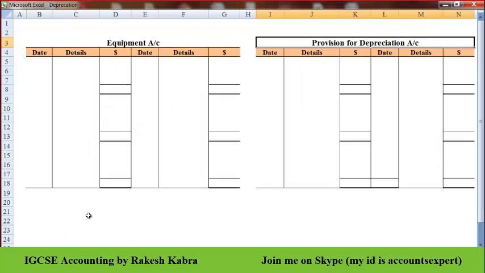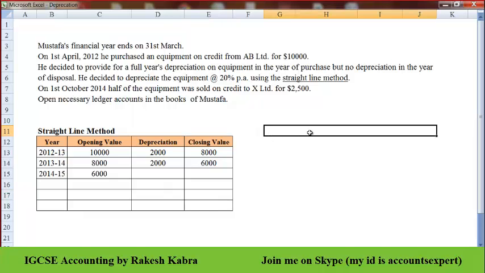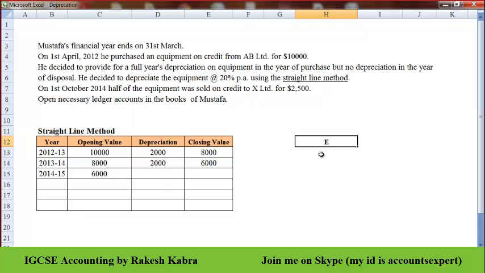Okay. So see, when did I buy the equipment? On 1st April 2012, isn't it? So here, on 1st April 2012, Mustafa bought an equipment on credit basis from AB Limited. Agree? So he bought the equipment, so increase in asset, isn't it? So debit the asset.